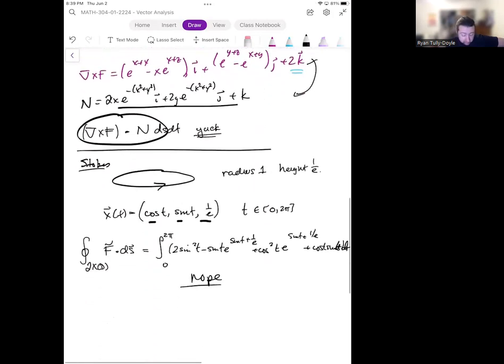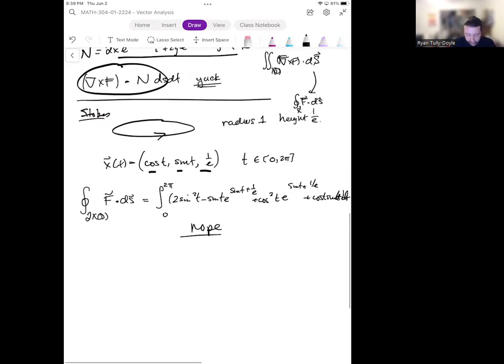And then I used Stokes theorem to say, well, up here I was looking at the double integral over X of the curl of F dot dS. Maybe I can reduce that to a single integral of F over the boundary dot ds. And that was still bad.